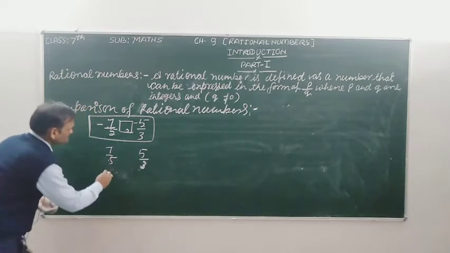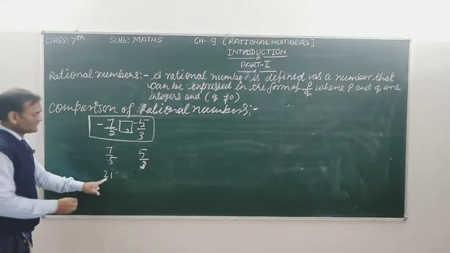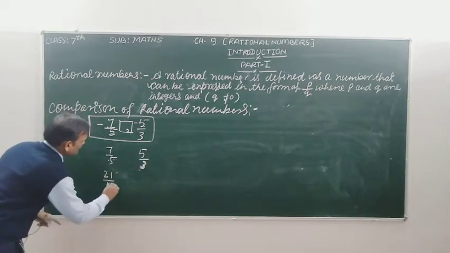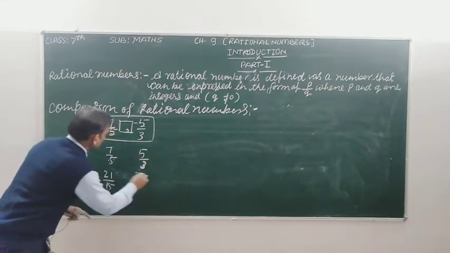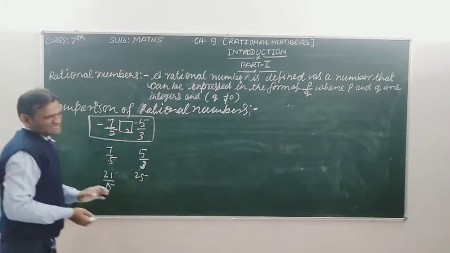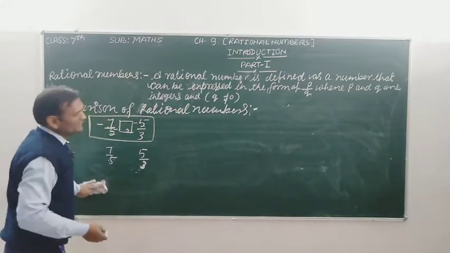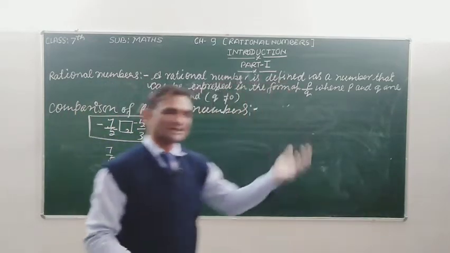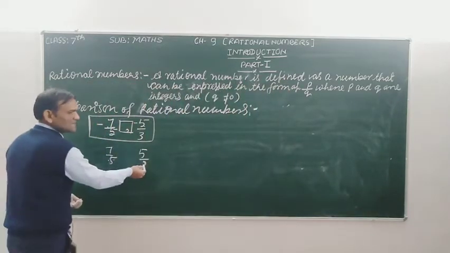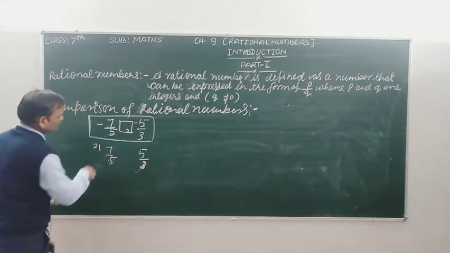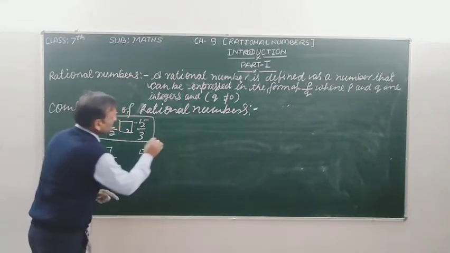So 3 7s are 21 and 3 5s are 15, 5 5s are 25. Otherwise there is no need to multiply in both numerator and denominator, only the numerator, student. Like this, a short trick. 3 7s are 21, 5 5s are 25.